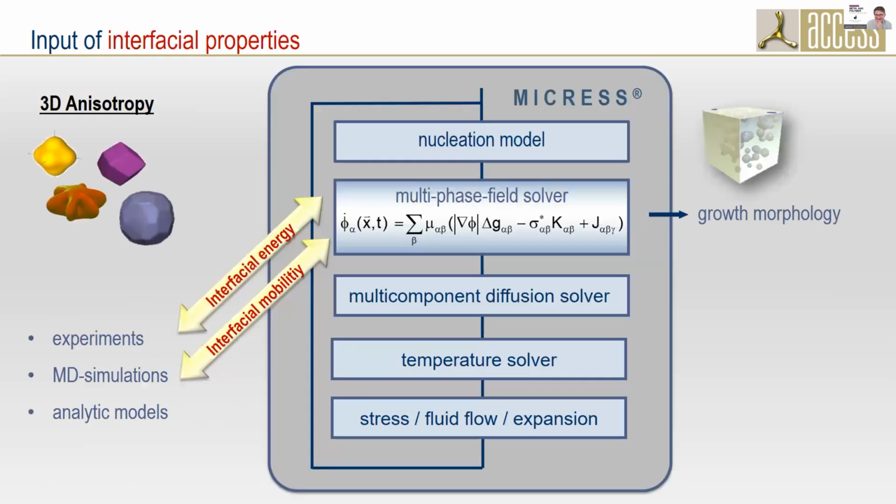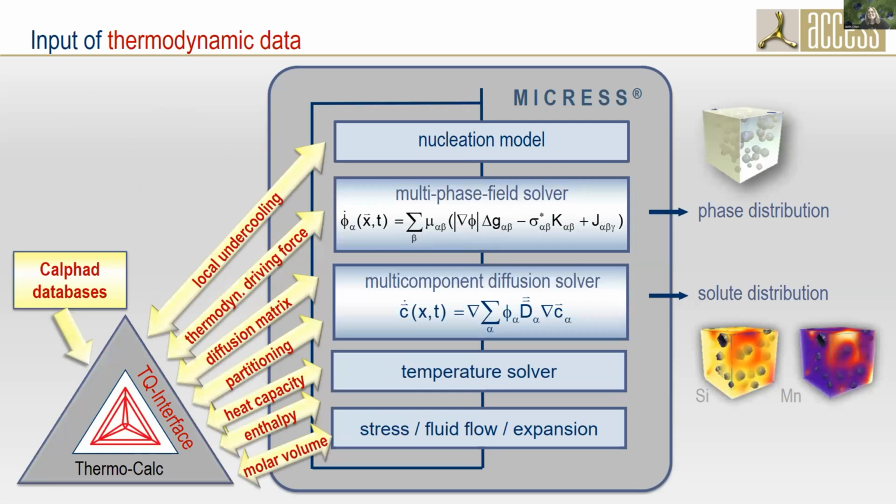So for the understanding, the basic phase field method is not discretized, it is a continuous description. But of course, when we want to solve it numerically, we have to discretize this, and in our software, we solve the equation by finite differences.